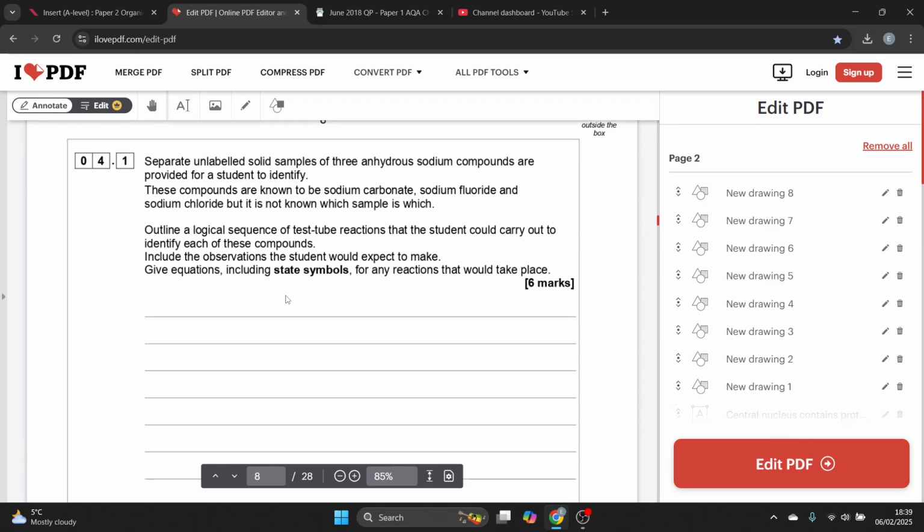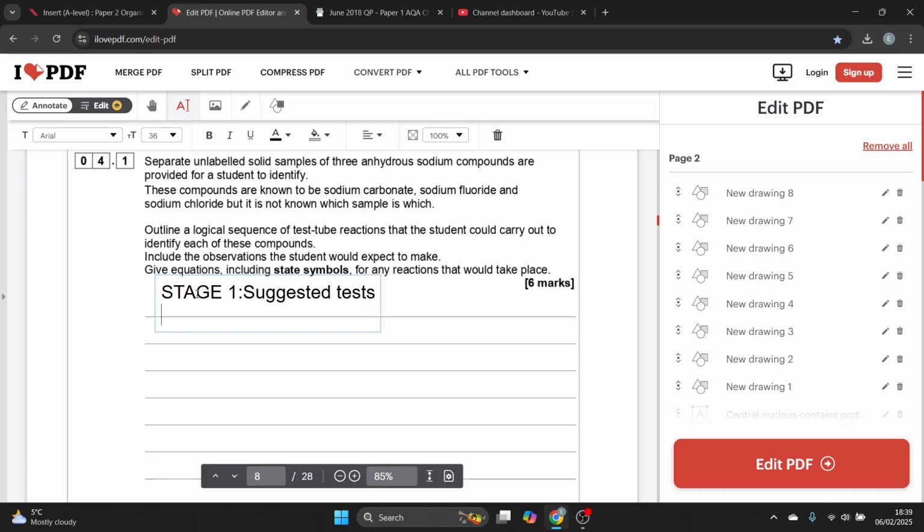Question 4.1. Separate unlabeled solid samples of 3 anhydrous sodium compounds are provided for students to identify by test tube reactions. So, stage 1, suggested tests. Add hydrochloric acid to all 3.